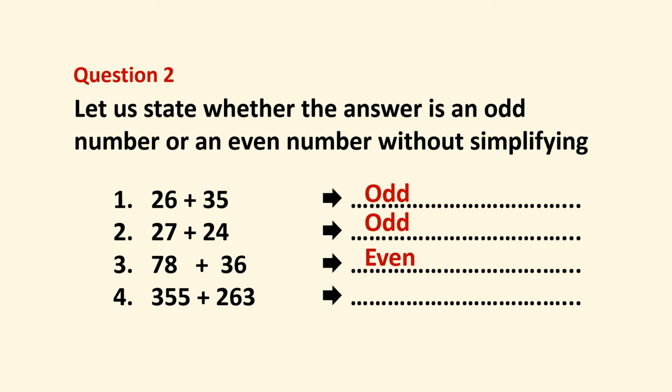So here we can say odd number plus odd number. Previously we have discussed when you add two numbers of the same kind, the result is an even number. So here odd number plus odd number, the result should be an even number. Right? Now I think you got the lesson clearly.